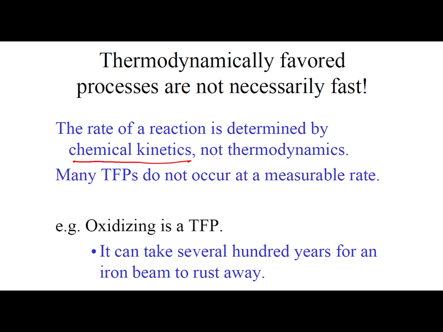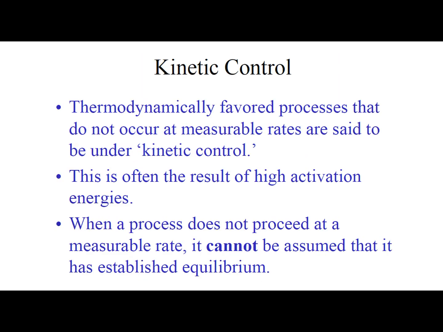Oxidizing is a thermodynamically favorable process, but it can take several hundred years for something to rust away. We talk about kinetic control. And what happens in these processes is there's usually a super high activation energy.